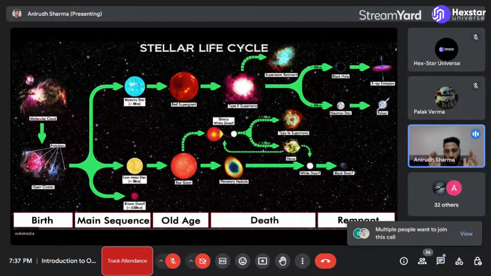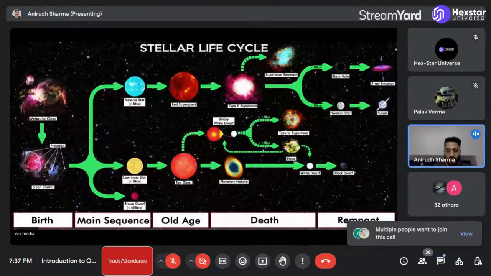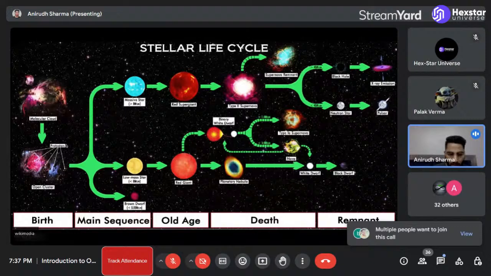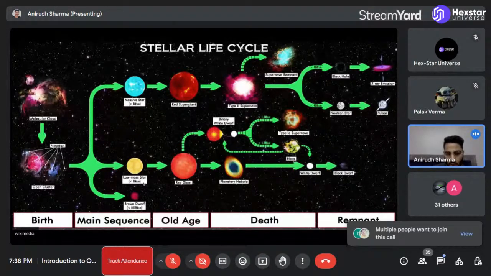Once it starts to fuse hydrogen effectively and produce helium, that's when we call it a main sequence star. So first, from the molecular cloud, it makes clumps and develops protostars, and then once the reaction is going and it starts to churn out a lot of energy as stars do, they become main sequence stars, and for the majority of their life they remain main sequence stars.